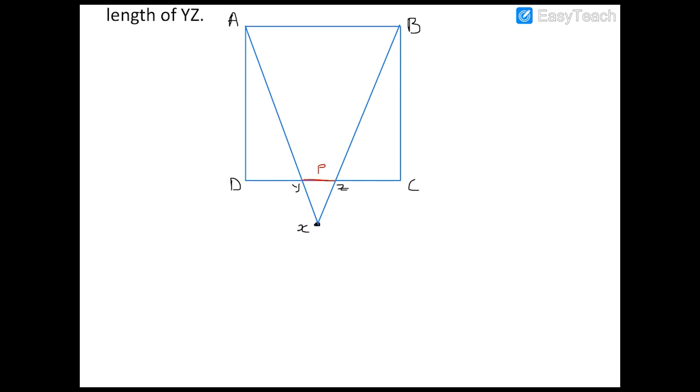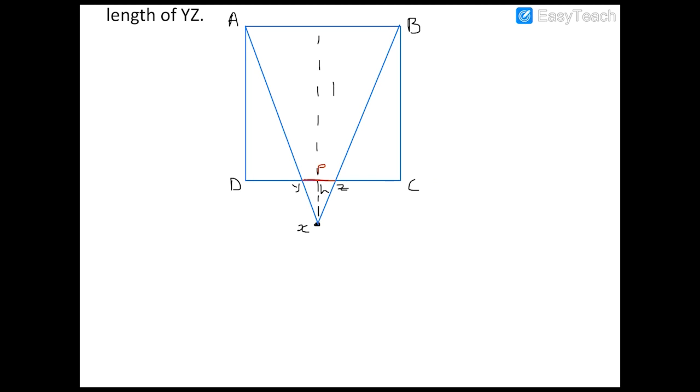Let's construct a perpendicular height here, call it H, and another perpendicular height there, but we know already this one will be equal to 1.